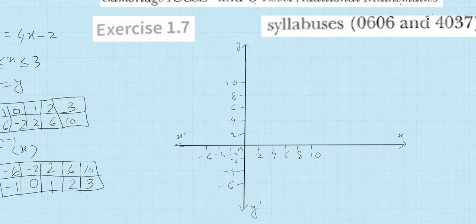So this is the first point, minus 1 and minus 6. Then the second value of x is 0, then y is minus 2. So this is x 0 and y minus 2.